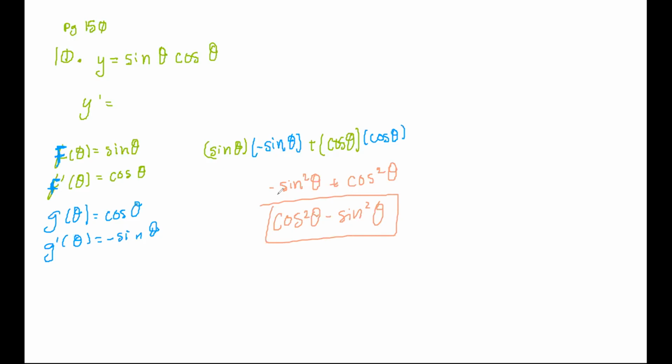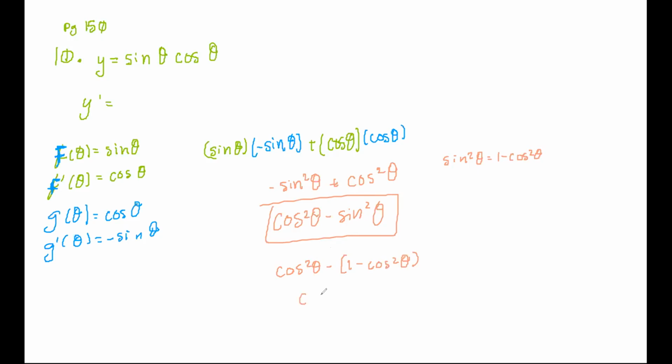Because what? Sine squared. What would this be? Sine squared plus cos squared. So that would be 1 minus cos squared. So this would end up being cos squared theta minus 1 minus cos squared theta. So that's not going to simplify anything out.